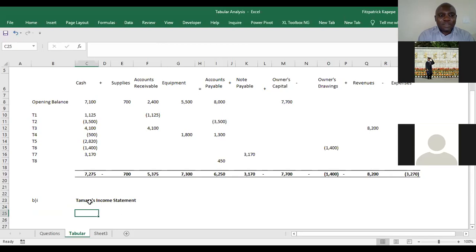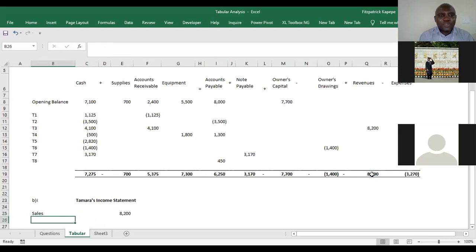So Tamara's here, we start with sales, or what you call revenue. So sales, which is revenue, which is this 882.